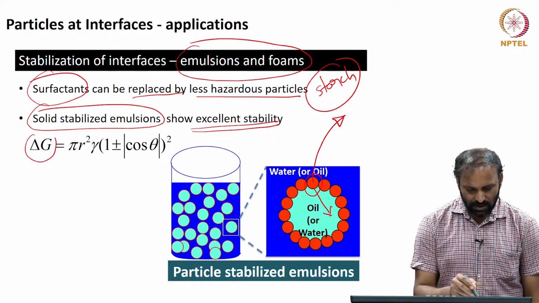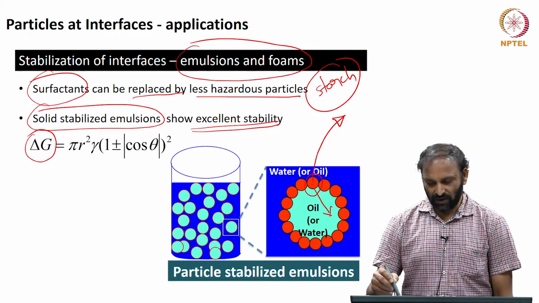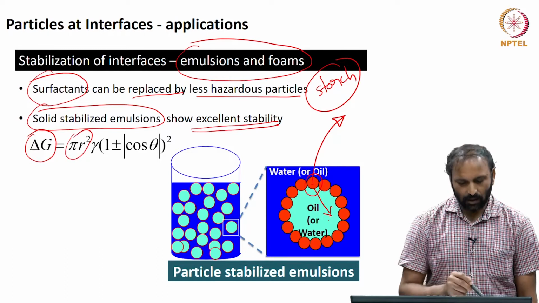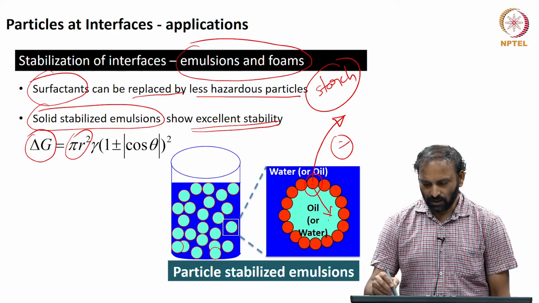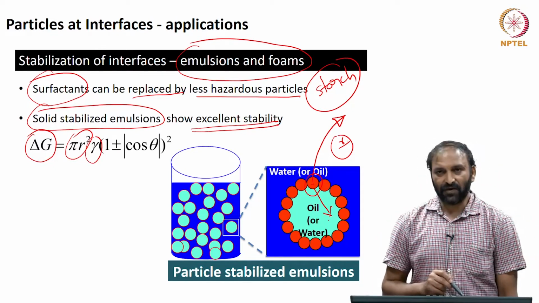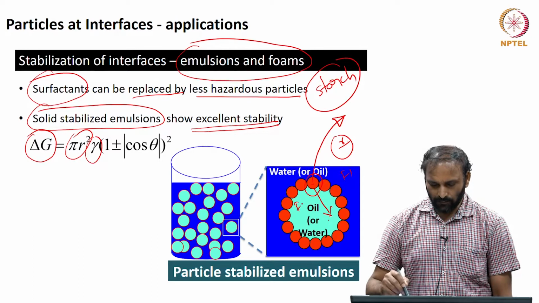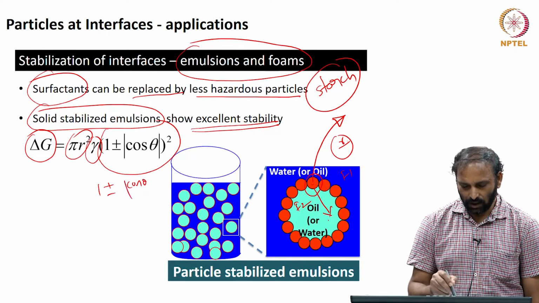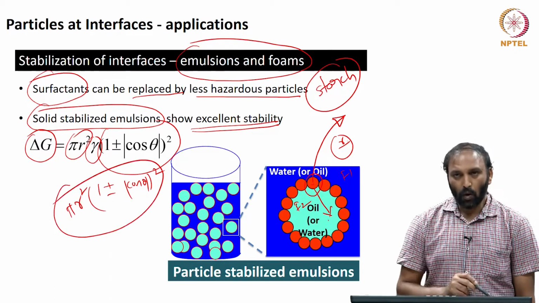This surface free energy required for removing a particle into either phase is given by pi r square gamma times (1 plus or minus cos theta) whole square, where r is the radius of the particle used for stabilization of the emulsion, and gamma is the interfacial tension between the two fluids, fluid 1 and fluid 2.